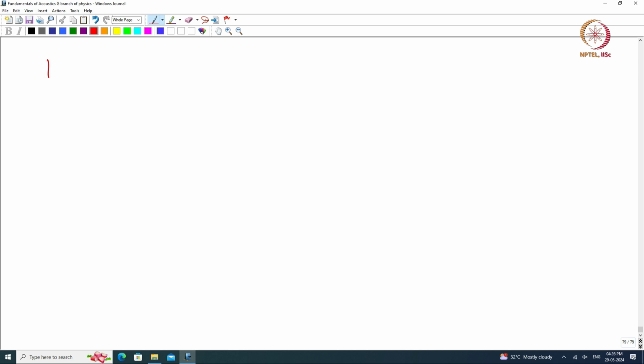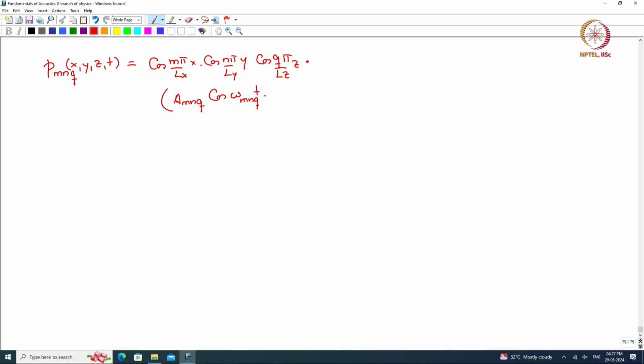Okay, so now my single index pressure is given by cos(m pi by Lx x) into cos(n pi by Ly y) into cos(q pi by Lz z) into A_mnq cos(omega_mnq t) plus B_mnq sin(omega_mnq t), and I'll call this phi_mnq.